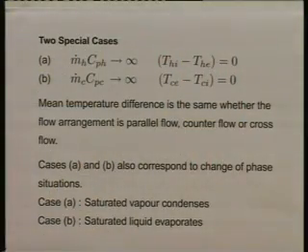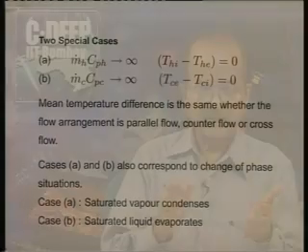Now, if you were to calculate the mean temperature difference for these 2 cases, that is either A or B, what you will find is the value of the mean temperature difference will be the same, whether the arrangement is parallel flow, counter flow or cross flow, any of the cases of cross flow. You can do that yourself and convince yourself that that is what will happen.